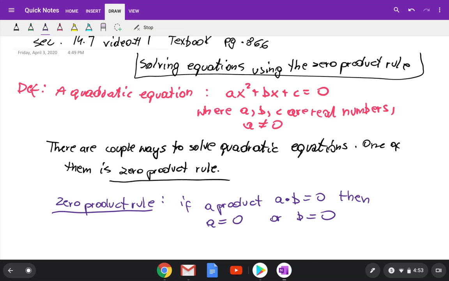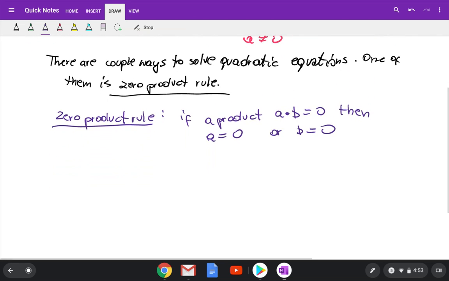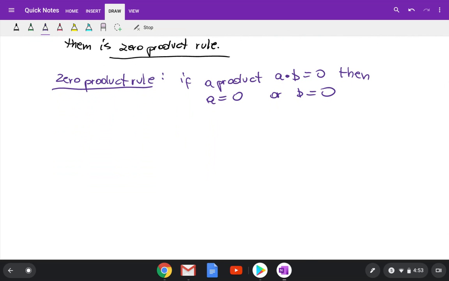So this is what we use to solve quadratic equations, one of the methods. Okay, so let's focus on solving equations using the zero product rule.